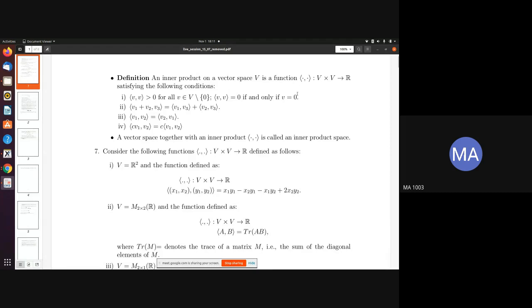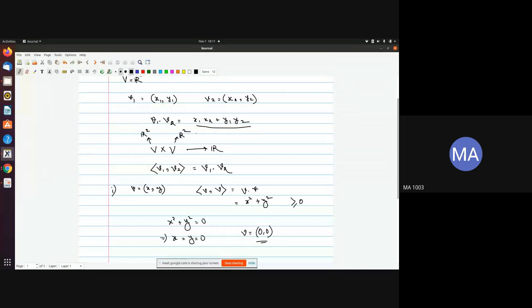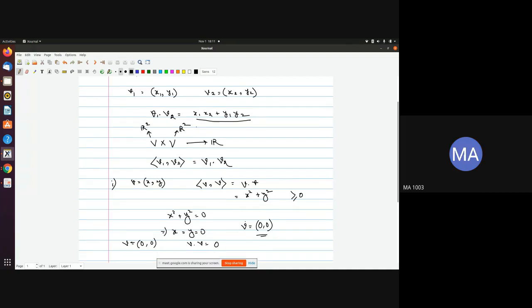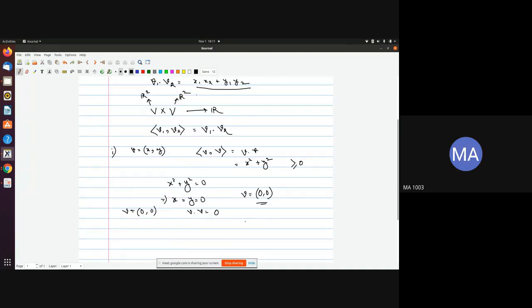And that is what we are getting. If v is 0, what is v dot v? It is 0. So this satisfies the first axiom.